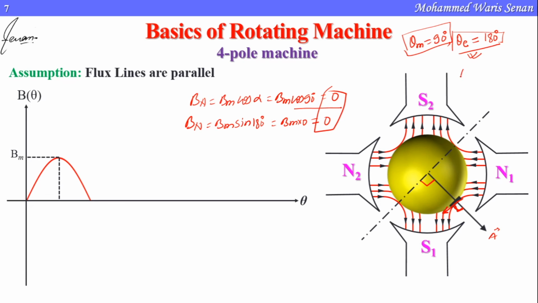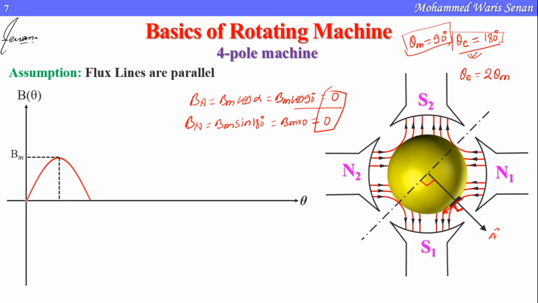A very important point to understand is that theta electrical is twice theta mechanical. Now you can understand the difference between theta electrical and theta mechanical. Theta electrical is actually the angle traced by the graph to complete a half cycle or full cycle, and theta mechanical is the rotation angle.